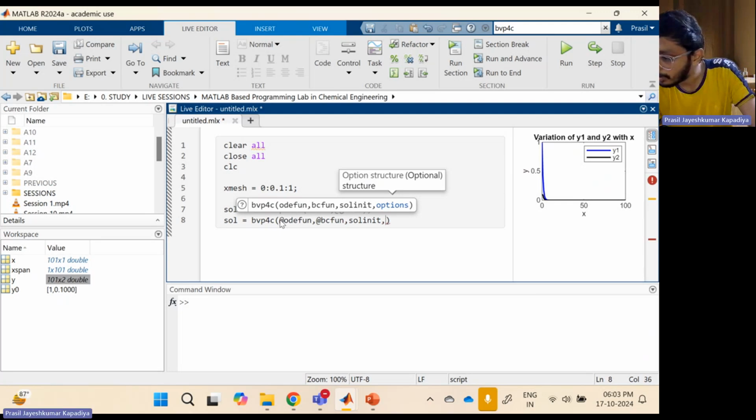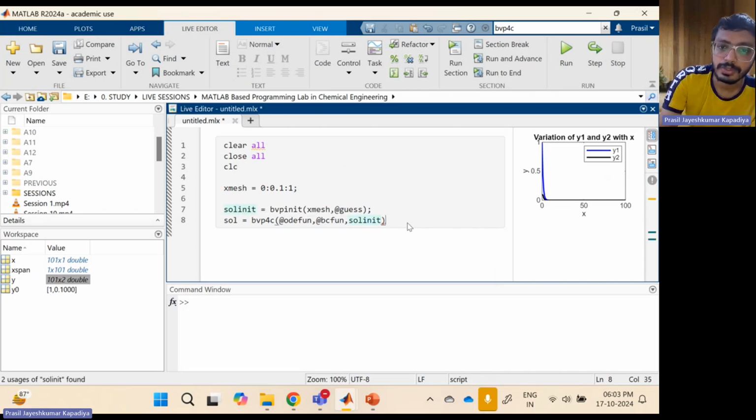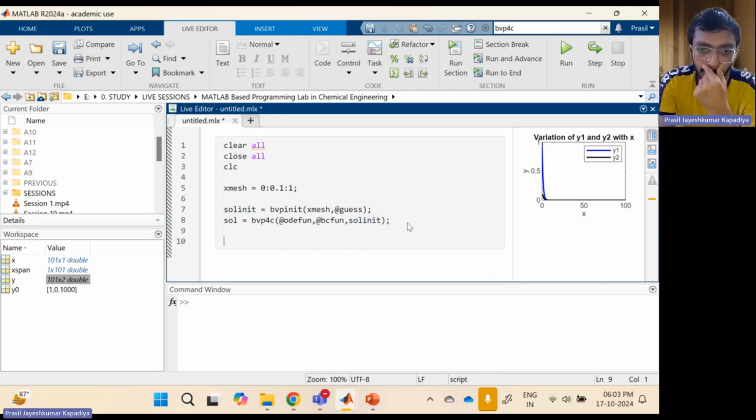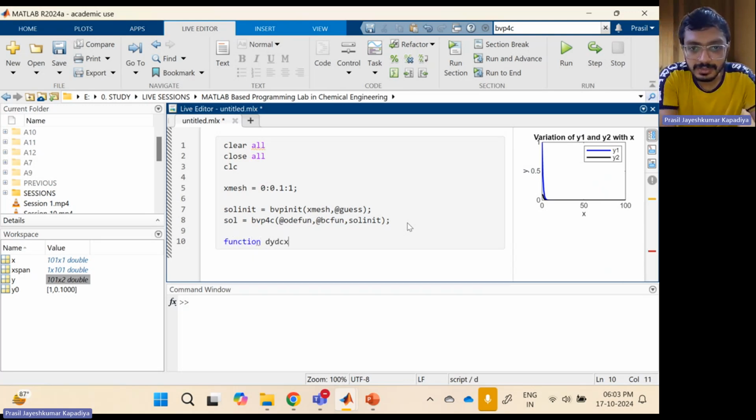Okay, then what further do I need? Yeah, that's all we need. Okay, so let's first write down the functions. My first function is the ODE function. So let's say function dydx is equal to, what is the name of the function? ODE function x comma y.